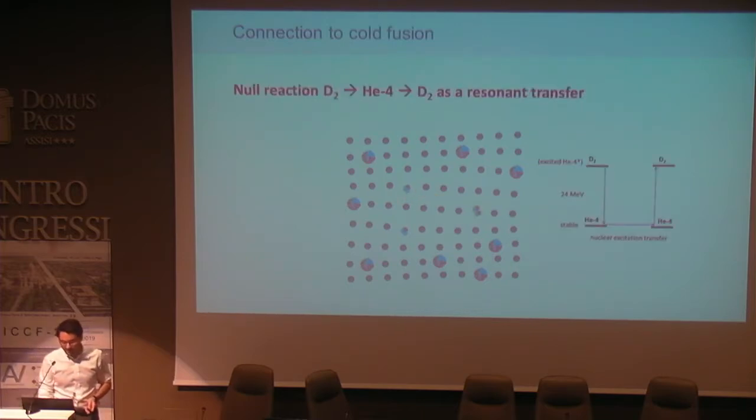Nevertheless, you have a coupling, and you can have what Peter called the null reaction, where you go back and forth between two deuteron pairs and a helium-4, which is basically a well-matched resonance. But you don't get anything out of this. This is very difficult, impossible to measure, and you don't get any energy out of this system, which is part of why it works so well, but it's not so interesting to us.